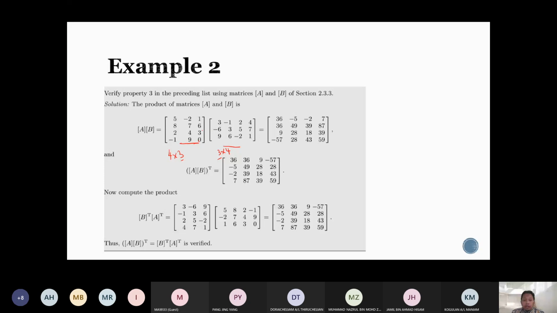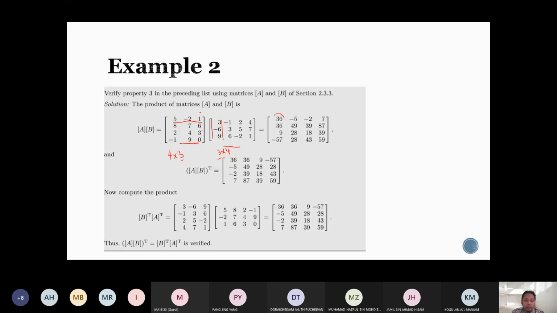To multiply, you can use a calculator or you can do it manually. If you want to do it manually, and you want to get 36 here, you just take this row and multiply by the first column.